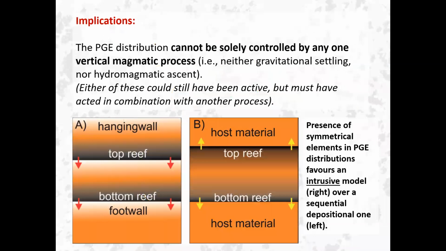So the way I interpret this then is that this is difficult to explain by any purely vertical movement process by itself, right? So a process of vertical settling or of vertical upward movement of magma or fluids alone shouldn't make these kind of symmetrical patterns around the reef.